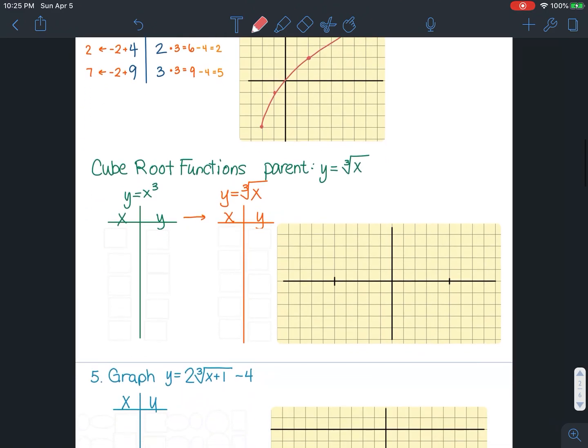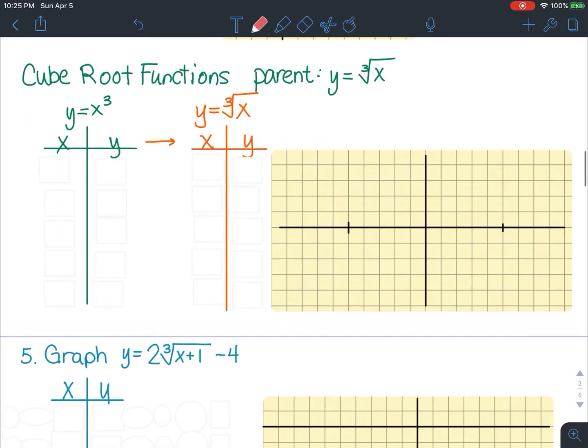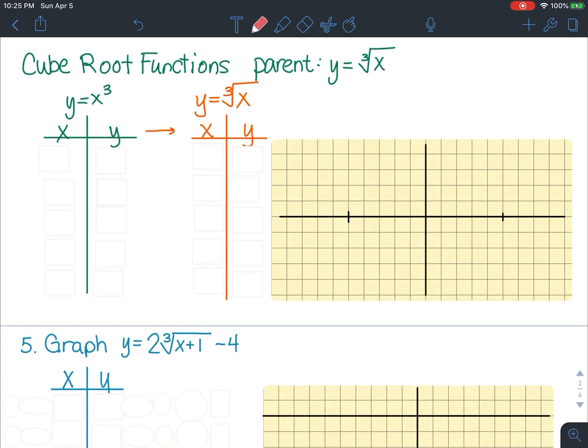Now I want to talk about cube roots. Okay, so cube root functions, let's start, instead of cube root, by talking about x cubed. So right here, y equals x cubed. Let's get some values here for y equals x cubed.